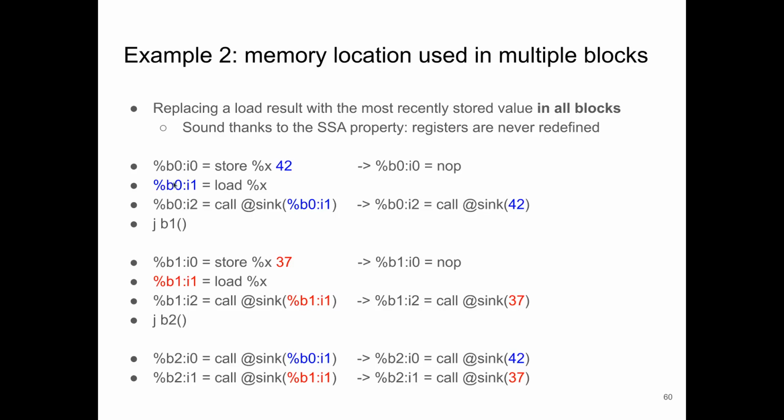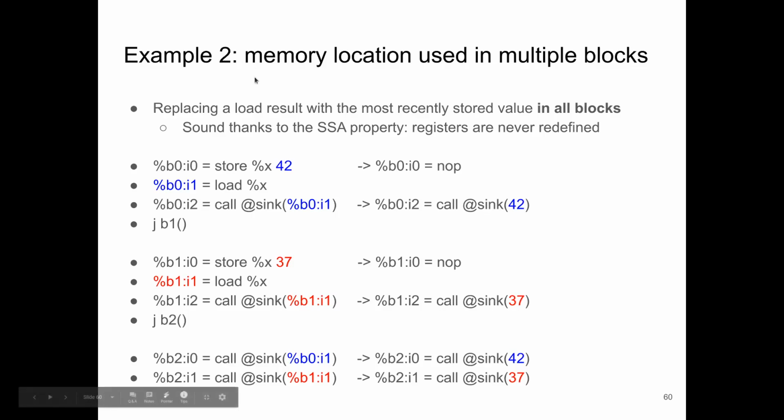So that's the reason why at this point of time at B2, or at a much later block inside the same function, the value of this B0I1 should remain 42. It can never be changed, so its value should always be 42 afterwards. So that's the reason why we can replace B0 colon I1 with 42 in the entire function in all blocks without worrying about the interference of other code.